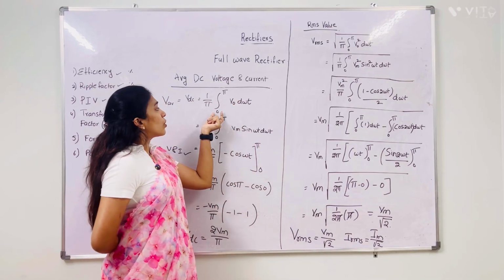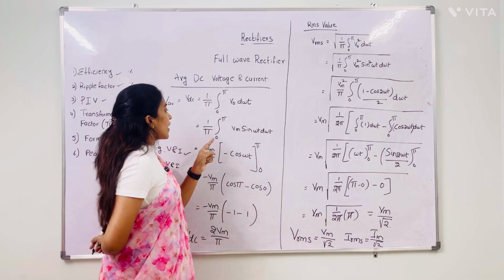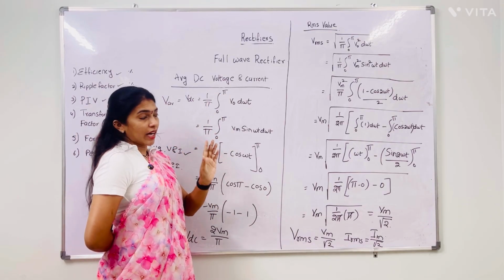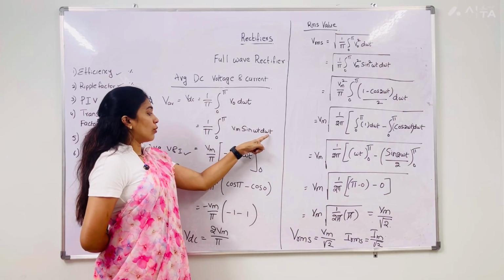Here I am taking only from 0 to pi, only one positive peak. That is why I am taking a single Vm sine omega t. So instead of V naught, Vm sine omega t d omega t.